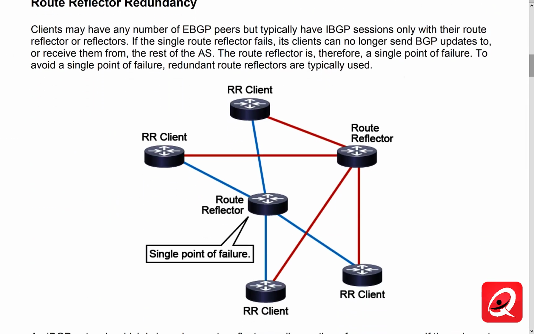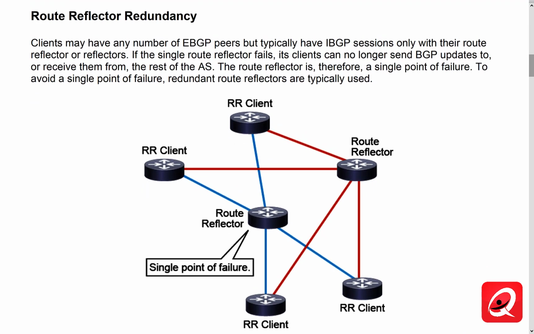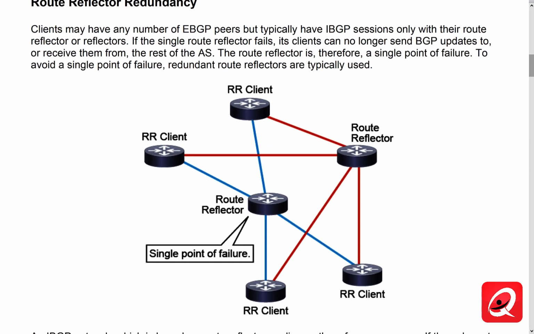And we can create this redundancy by simply having a secondary route reflector that is defined. So if that primary route reflector fails, then the secondary route reflector could certainly take over for that particular function, if you will, right? Route reflectors still have to be fully meshed, like I said, with the non-clients.